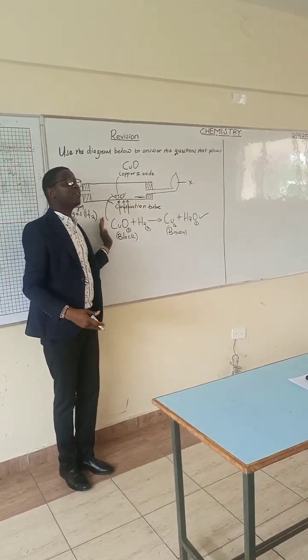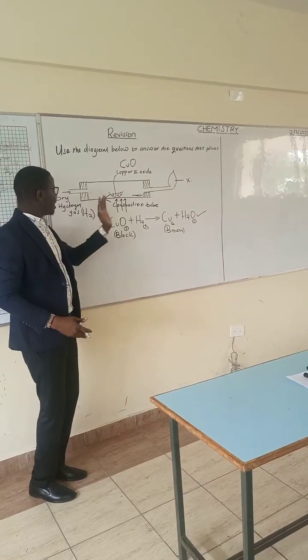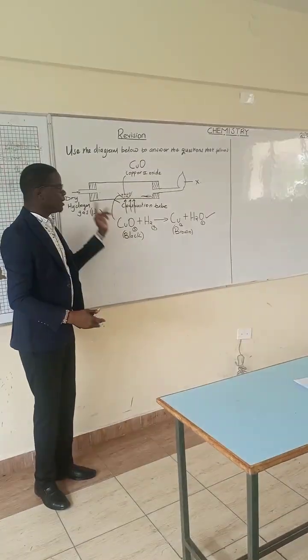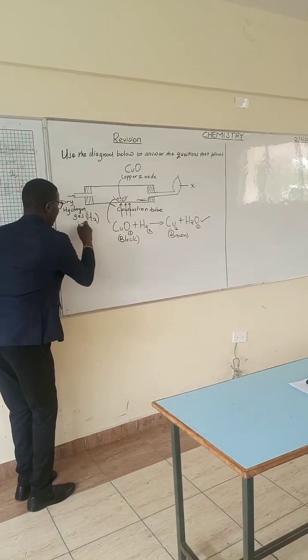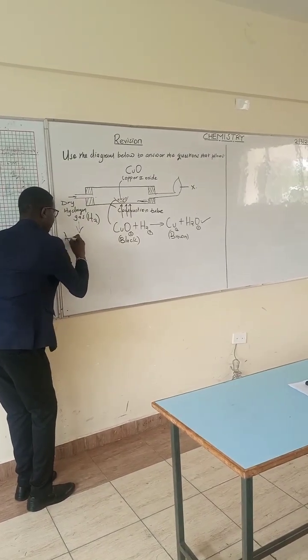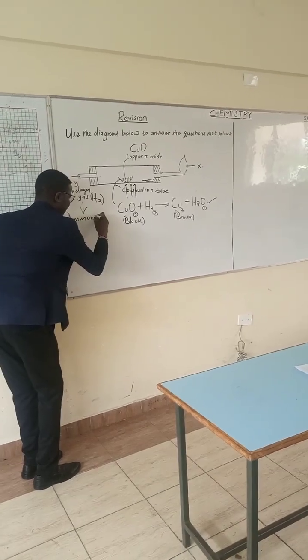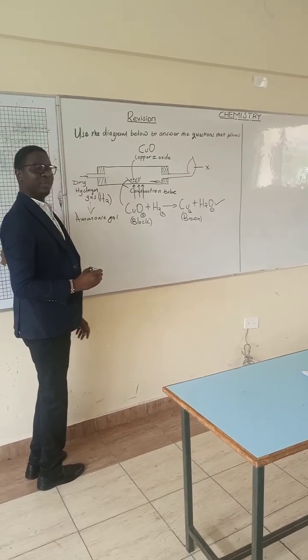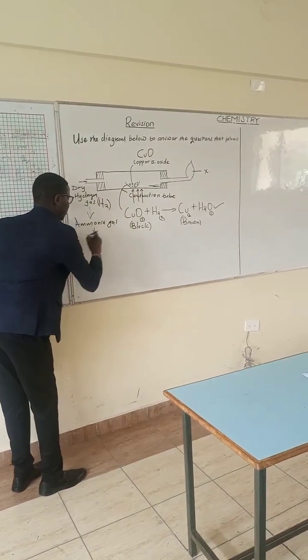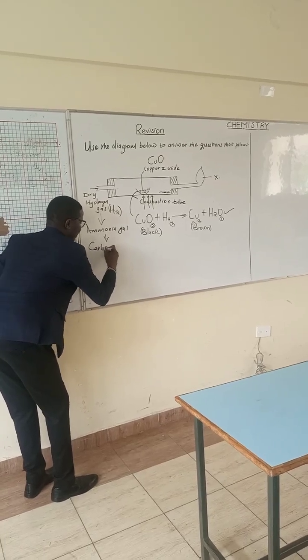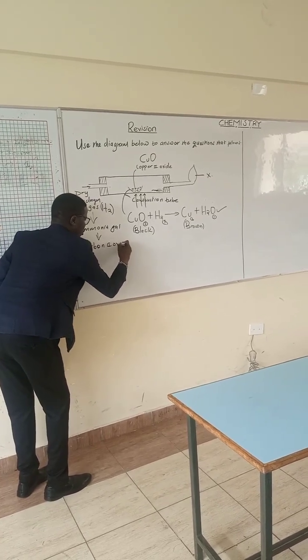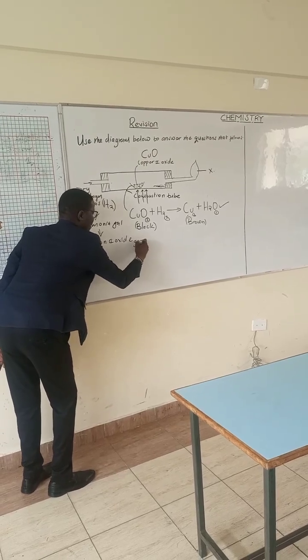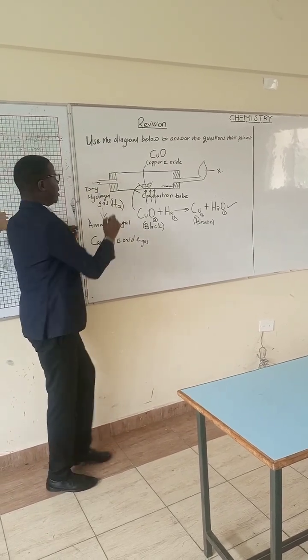In such kind of experiment, the other two gases that can be used are, the first one, ammonia gas, and another gas that can be used in this experiment is called carbon 2 oxide gas. Why ammonia gas and carbon 2 oxide gas?